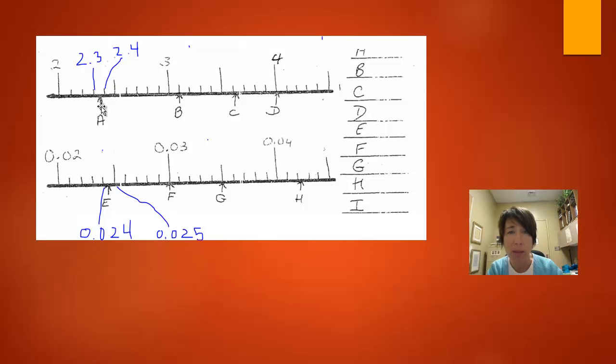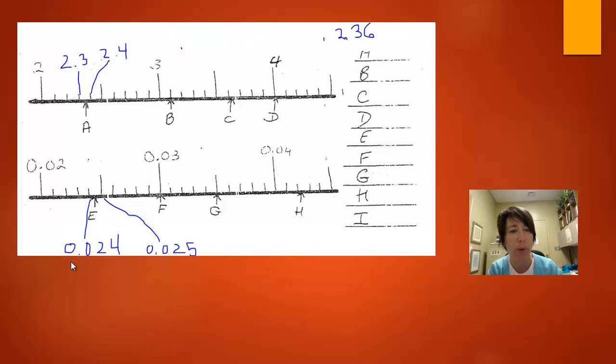I'm going to estimate the distance between 2.3 and 2.4. It looks to me like A is a little bit greater than exactly halfway between 2.3 and 2.4. So to correctly record this measurement, I'm going to write 2.36. Anyone looking at this measurement would know that the hundredths place was estimated and that the actual length is somewhere between 2.35 and 2.37.